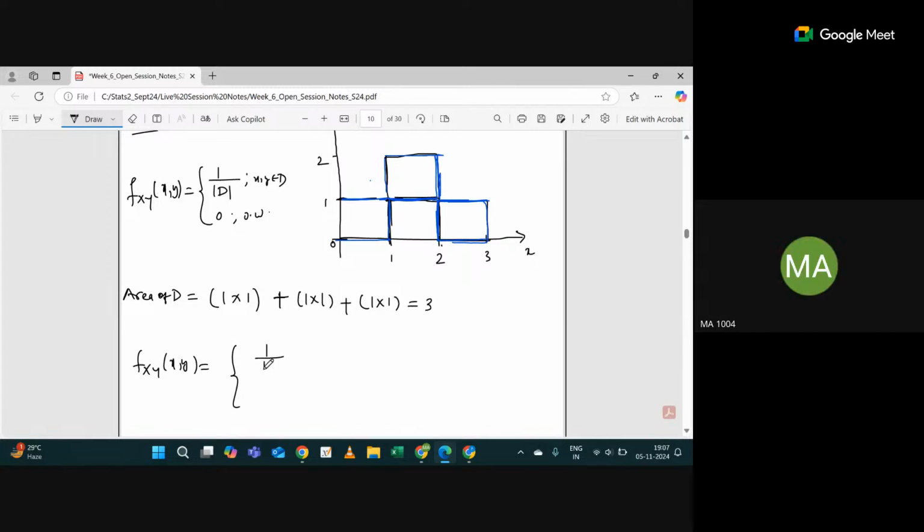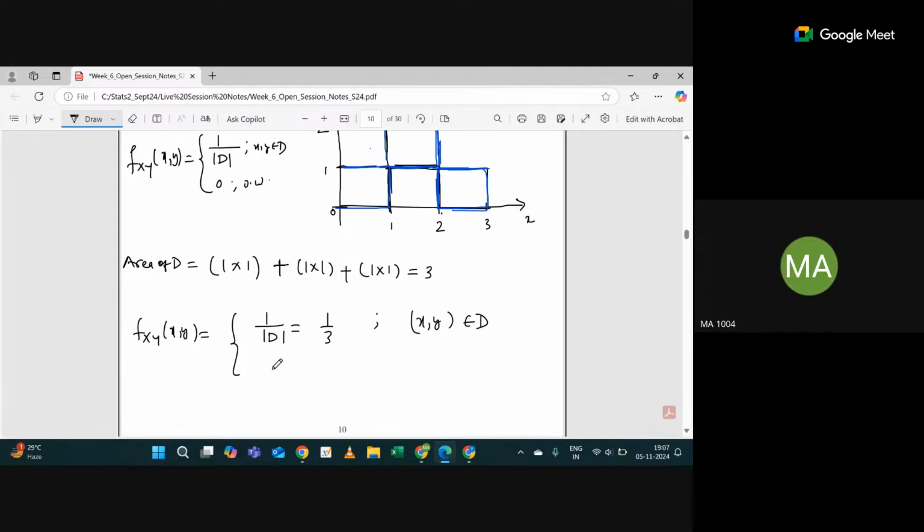It will be 1 upon modulus of D, which is 1 by 3, whenever x and y belong to this D, and it will take value 0 otherwise. Now you got your f(x,y). Would you agree with me? So this is an important concept. For now, I can give you one hint.